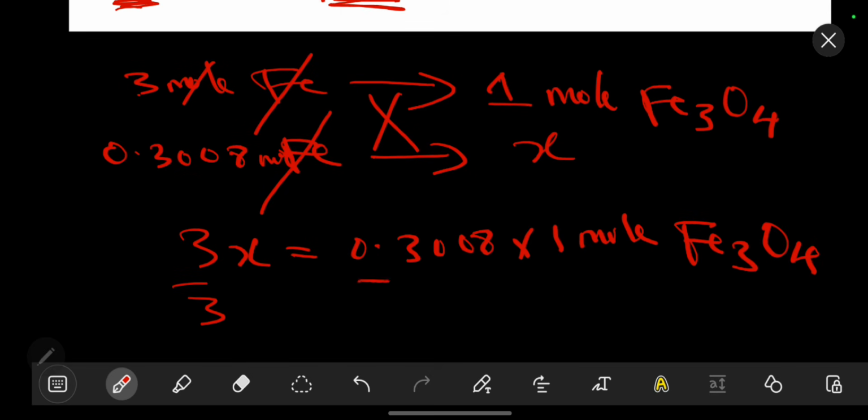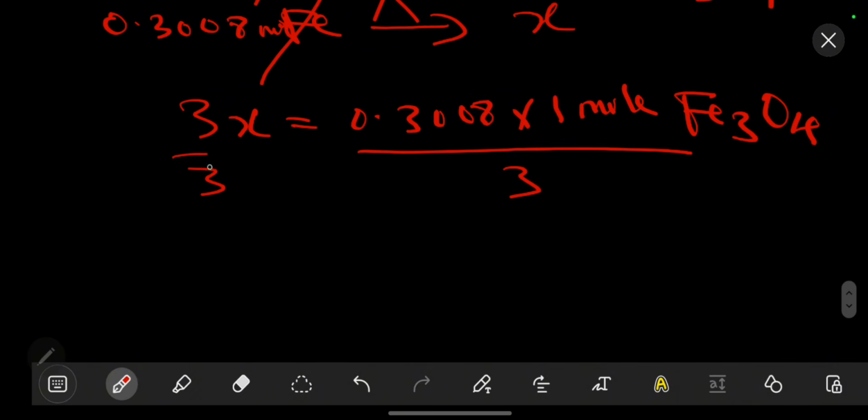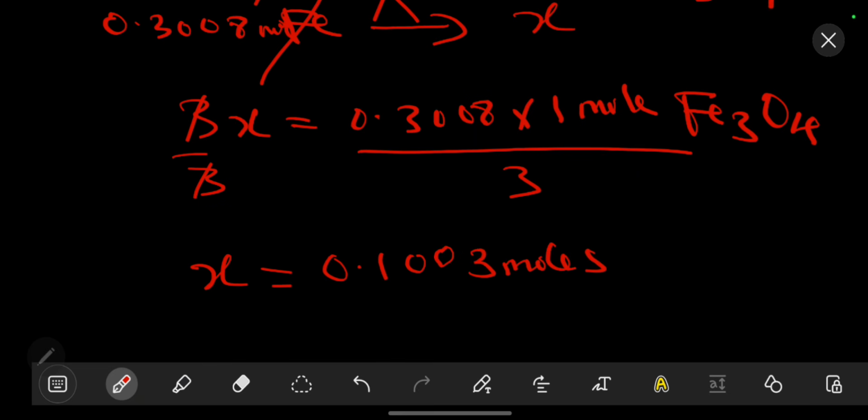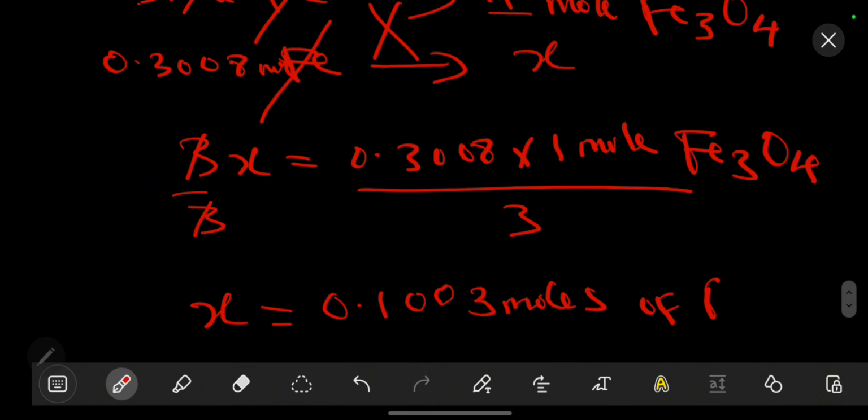We divide by 3, so x should be equal to 0.3008 divided by 3. This gives us a value that is equivalent to 0.003 moles of iron trioxide.